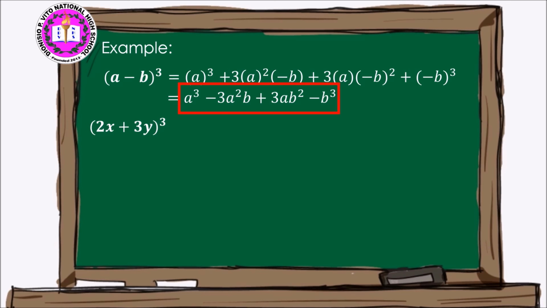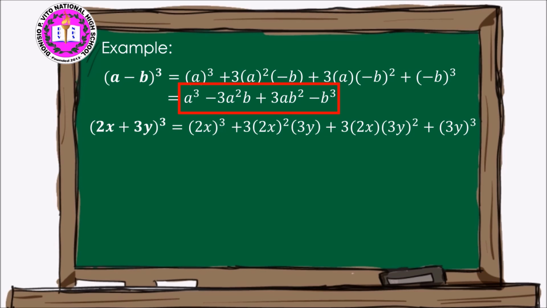Another one is 2x plus 3y cube is equal to, we have the cube of the first term, which is 2x cube, plus thrice the product of the square of the first term and the second term. So we have 3 times 2x squared times 3y, plus thrice the product of the first term and the square of the second term.